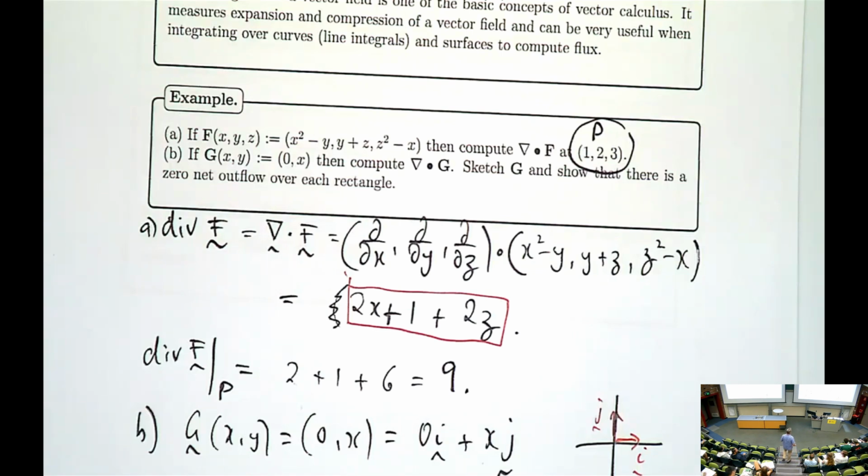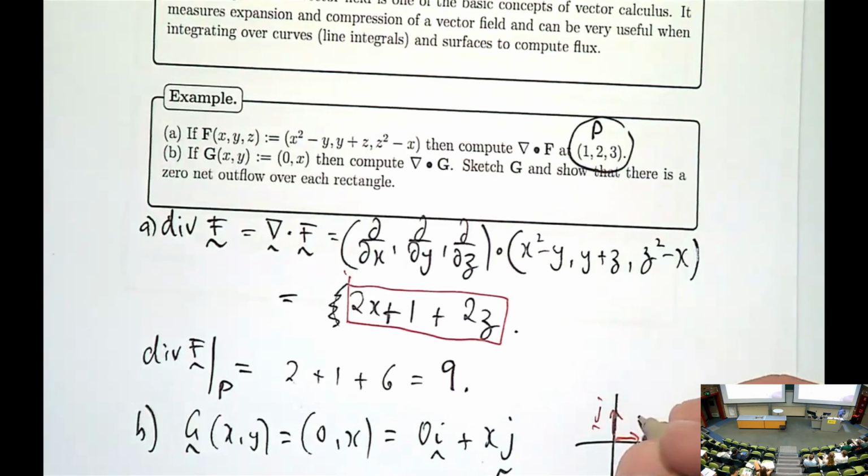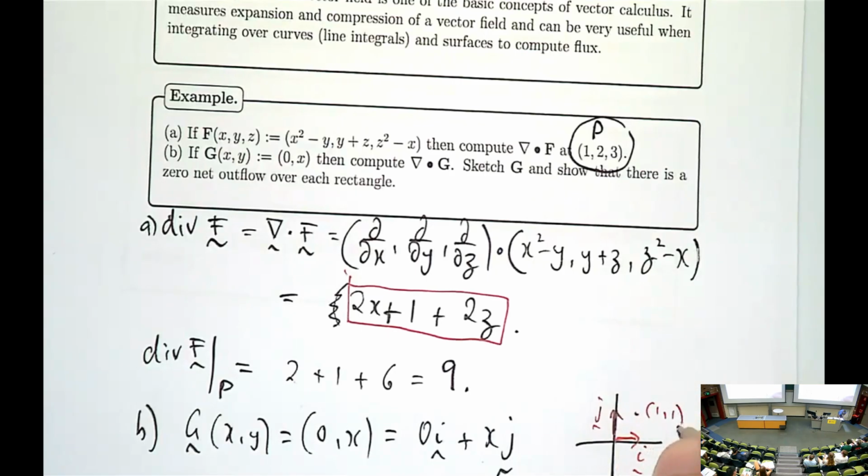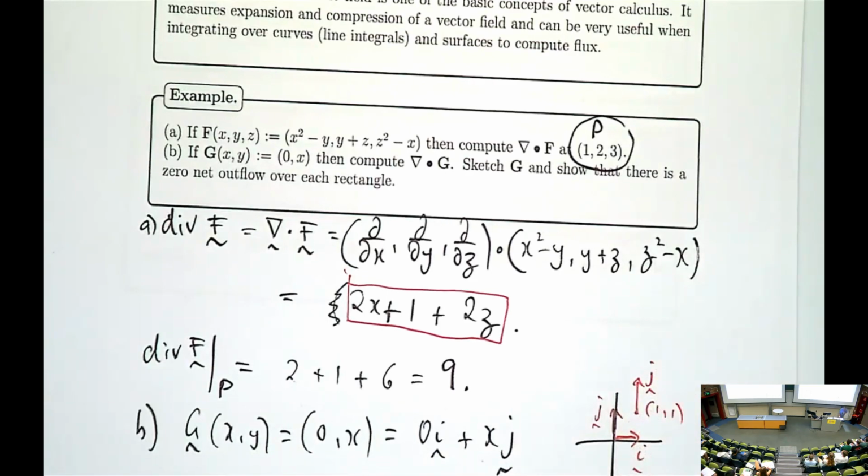So if you're at the point, let's say you're here, the point 1, 1. X equals 1, y equals 1. What is the vector associated with this field? Well, it'll just be 1j.